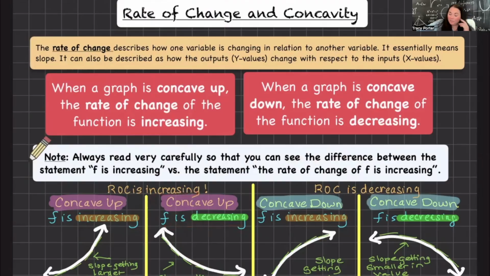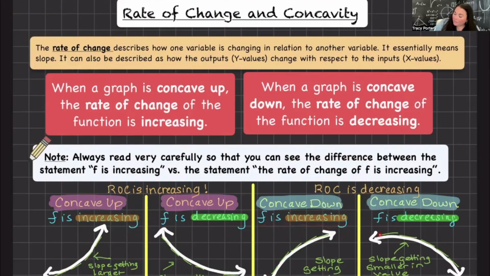And so we can say the flip over here. You've got concave down. If you were to look at the slope, this one is actually going to be getting smaller in value because you can see it's steeper right here, and then it flattens out. So the slope would be getting smaller in value, so the rate of change would be decreasing, even though the function itself is increasing.